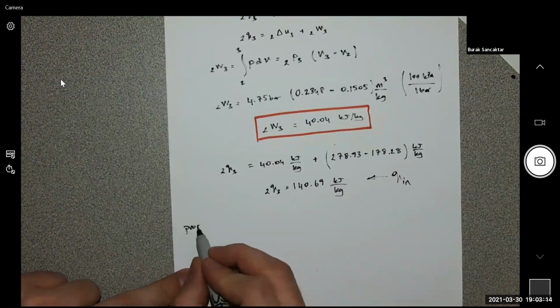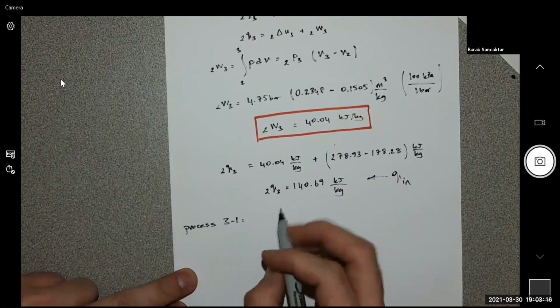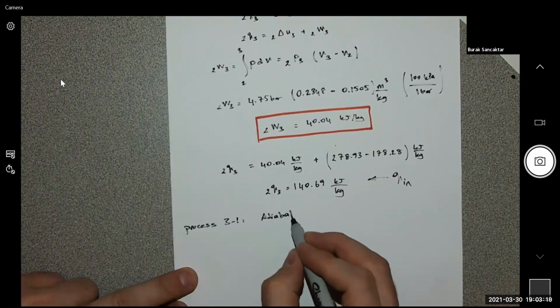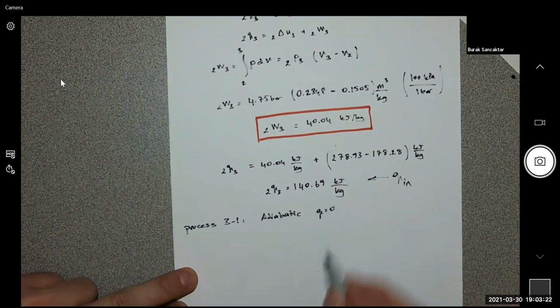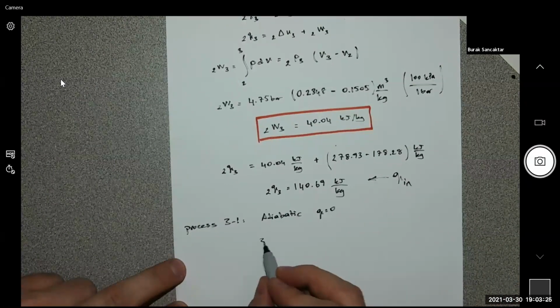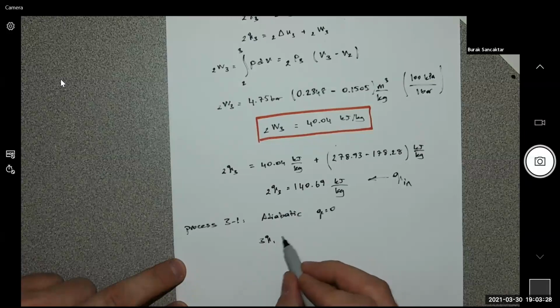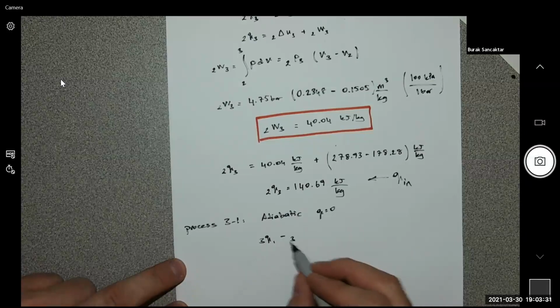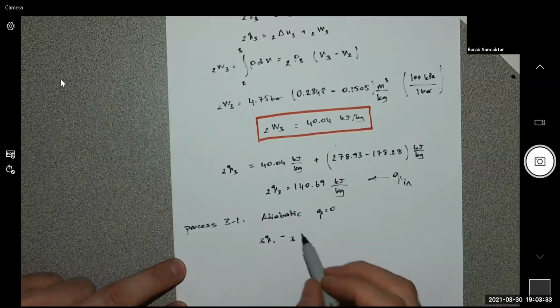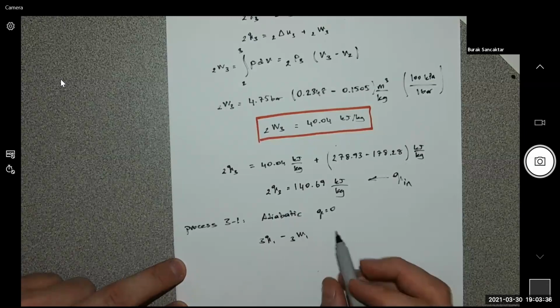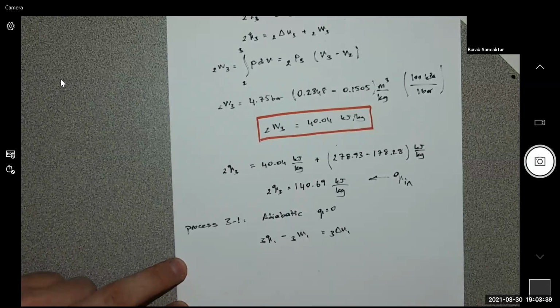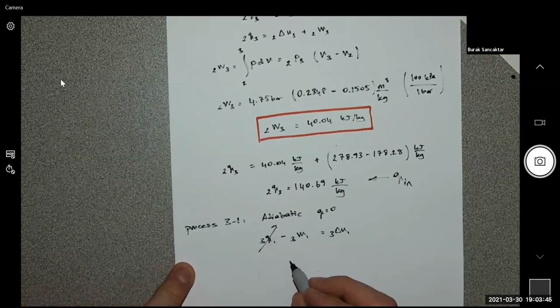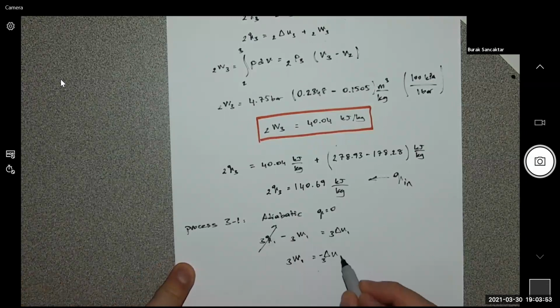Last process from 3 to 1, which is adiabatic. Adiabatic, where Q is 0. Right. Q from state 3 to state 1, we come back to the initial position. Work from 3 to 1 equals internal energy difference from state 3 to state 1. Right? Heat is 0. So work from state 3 to state 1 will be equal to minus delta U from state 3 to state 1.